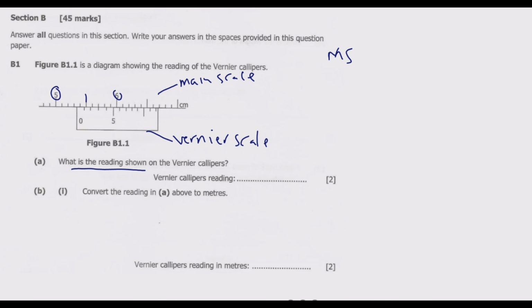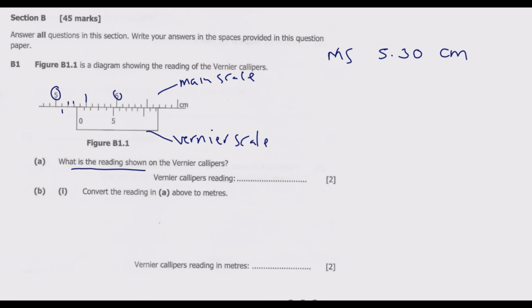So we have 0.1, 2, 3. So we have 5 centimeter, 0.3, so 5.30 centimeter. Remember, always when you are getting the reading from the main scale, you get it to 2 decimal places or more. But in this case, 2 decimal places should suffice.